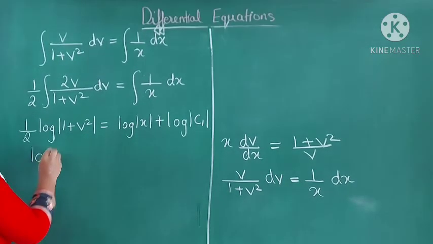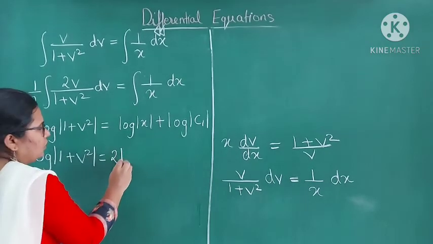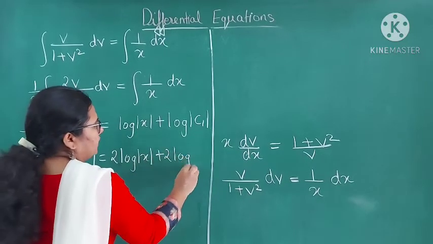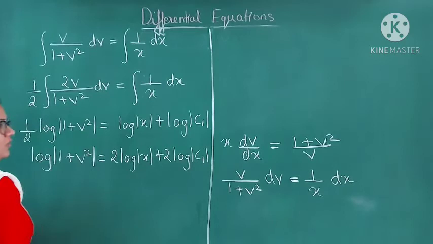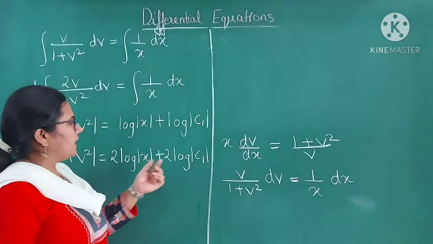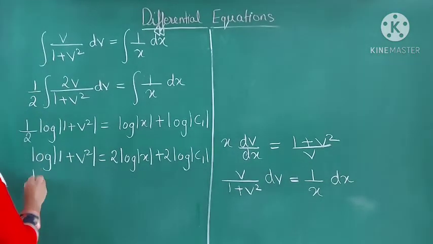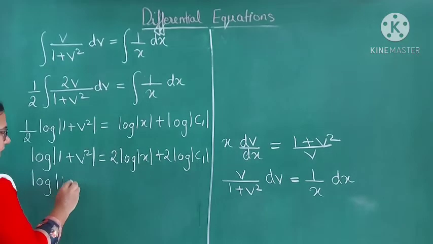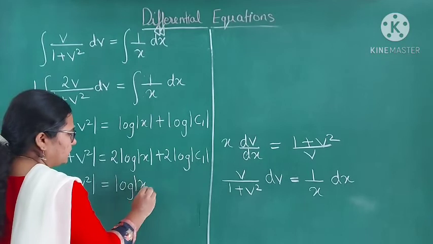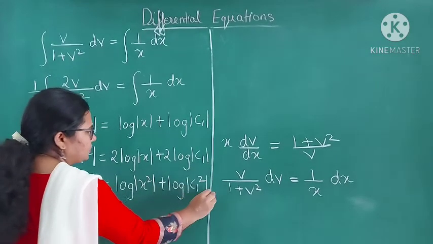So this will become log of 1 plus v square is equal to 2 log of x plus 2 log of c1. Okay. So 2 log x will become log of x square, and 2 log of c1 will become log of c1 square. Yes. So log of 1 plus v square is equal to log of x square plus log of c1 square.